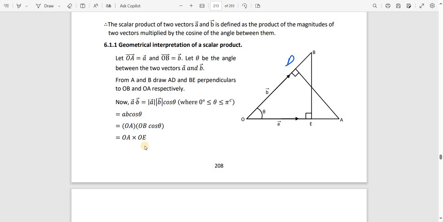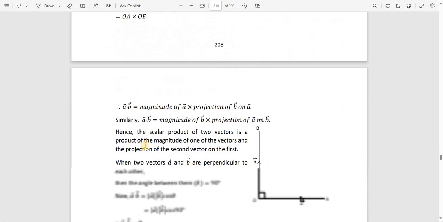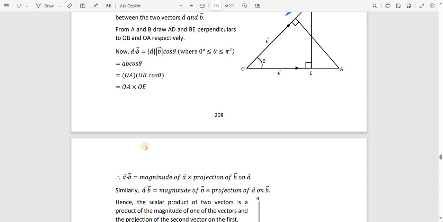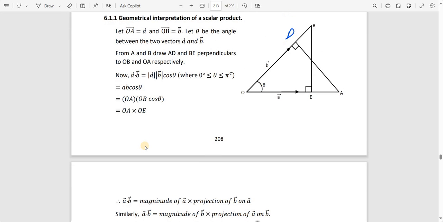Okay, yes, that's correct. So we can say that the scalar product of AB is magnitude of A vector into projection of B vector on A.